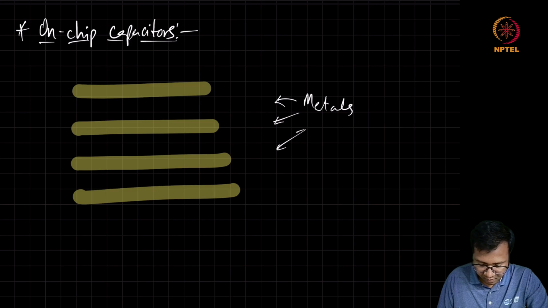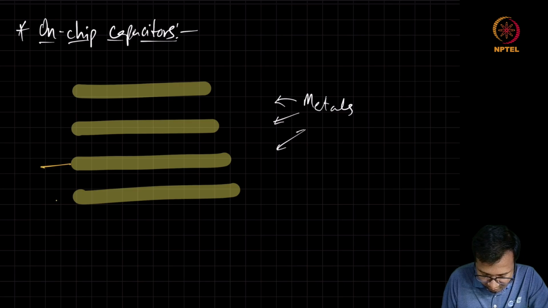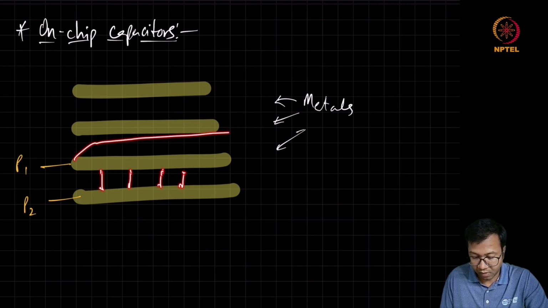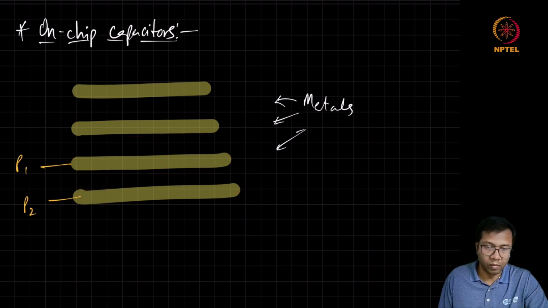The simplest way to do this is we can just take two terminals out, and these two metals will be having some spacing. In addition to that, you can easily imagine that they will be having some overlap area.